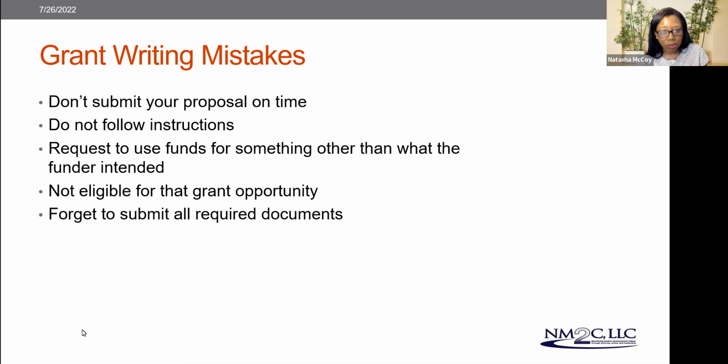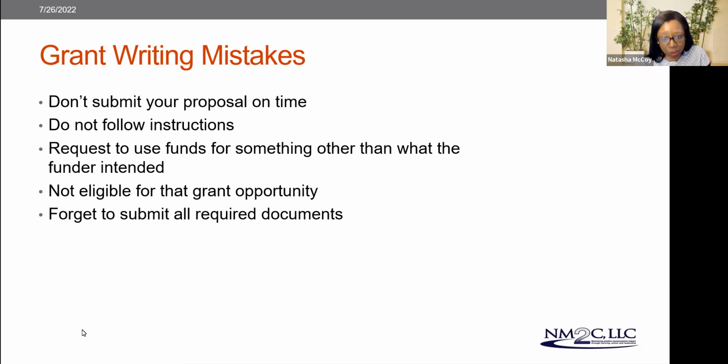Be sure to request to use the funds for something they actually are going to pay for. Many people make the mistake of requesting funds for something other than what the funder intended the funds for. If they say they want you to use the funds for playgrounds, don't use the funds to buy a refrigerator for a daycare center. That's not what the funding's for.